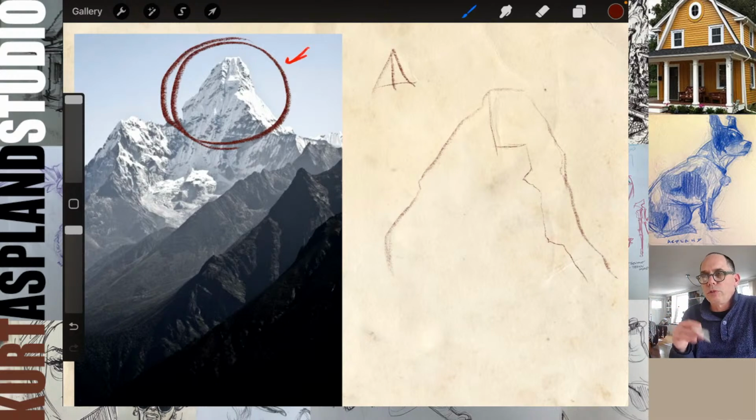Okay, now I'm going to drop 2 tones. I'm going to drop actually just the 1 tone. This is going to be the value of the snow in shadow. So it's going to be light. Don't go too dark here. Just very consistent.